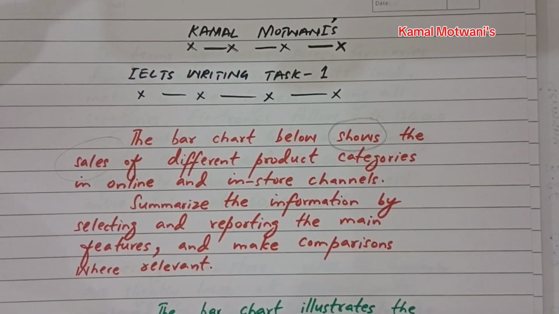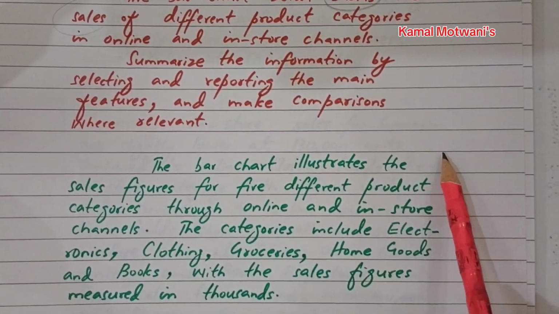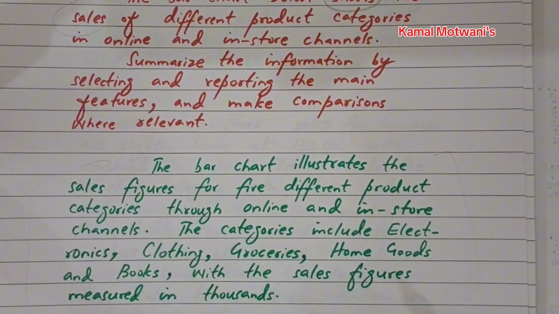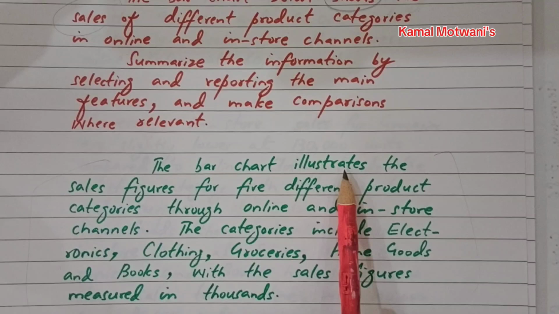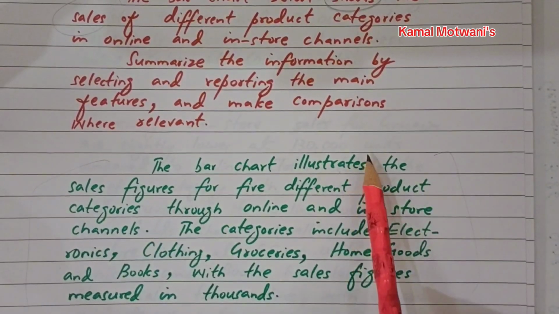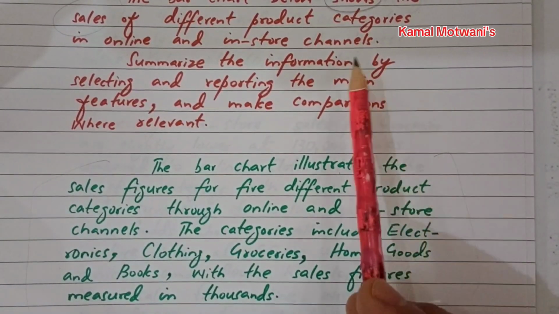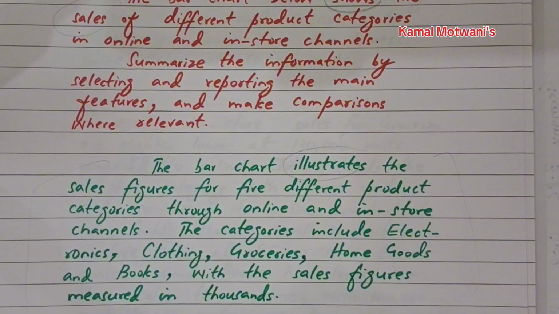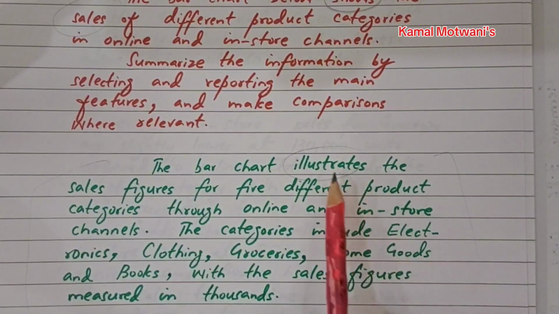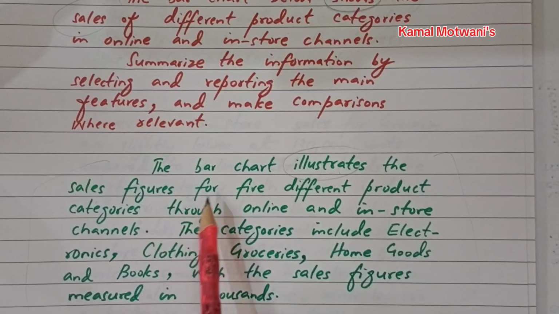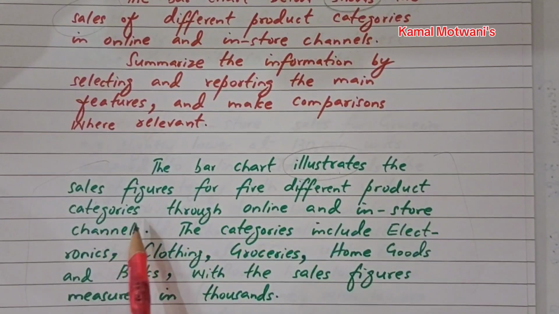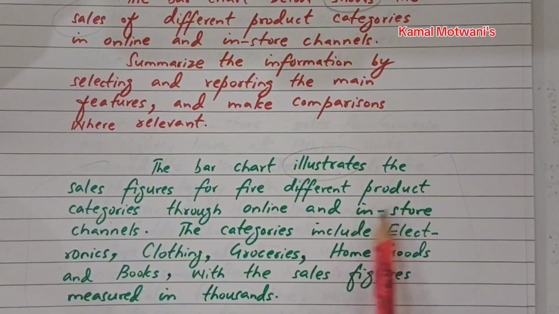So let's see how I have written this introduction. This writing in green ink is the introduction. Let's read it out. The bar chart illustrates. Now see, I have replaced the word shows with illustrates in the paraphrased version. The bar chart illustrates the sales figures for five different product categories through online and in-store channels.